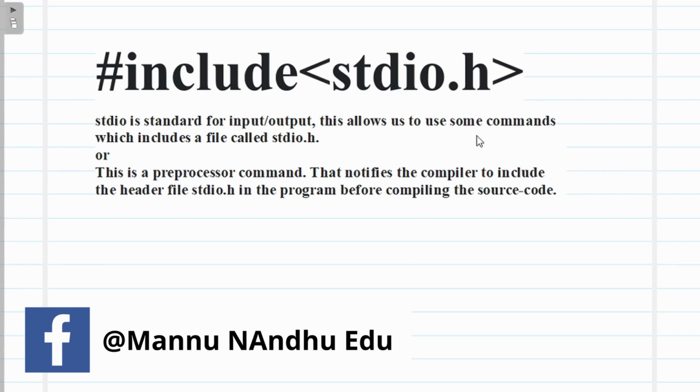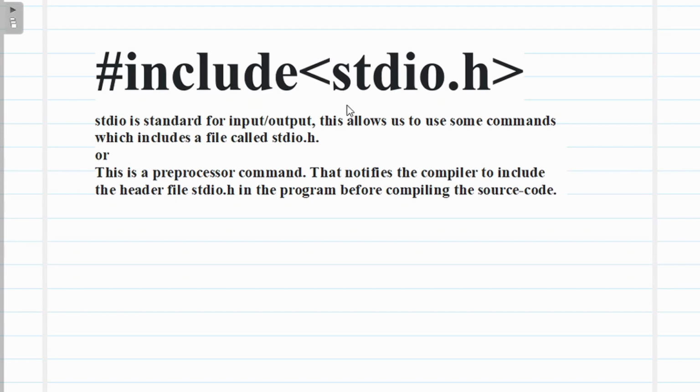It allows us to use some commands which are in a file called stdio.h. We already have some files in stdio.h. We want to execute these files for our program. That means I just send one input and you should give one output. That's a program.